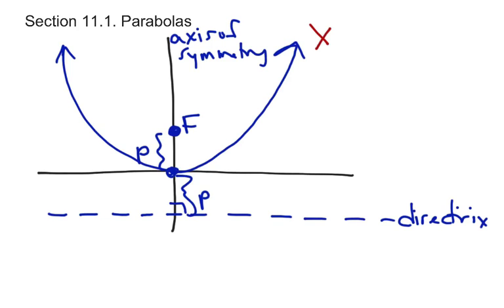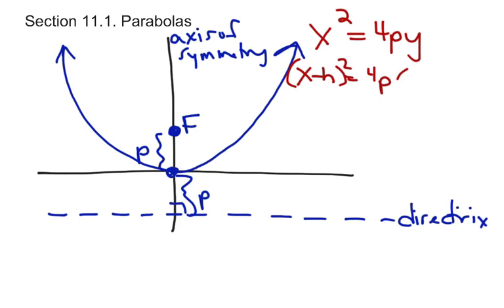When it is at the origin, the equation of the parabola is x squared equals 4py, because when the vertex isn't at the origin, it's (x minus h) squared equals 4p(y minus k). That's really the difference. Since the vertex is at (0, 0), h is 0 and k is 0, so they go away.